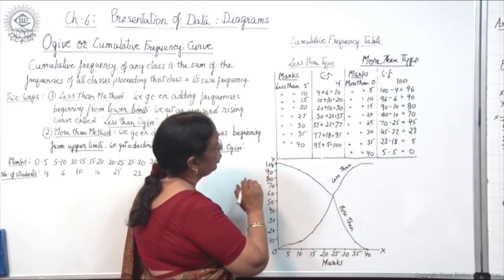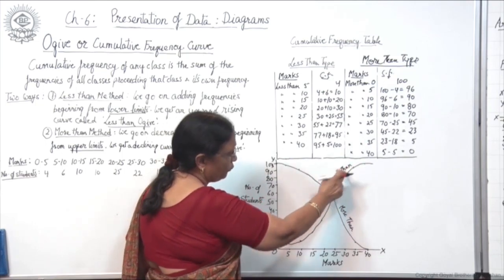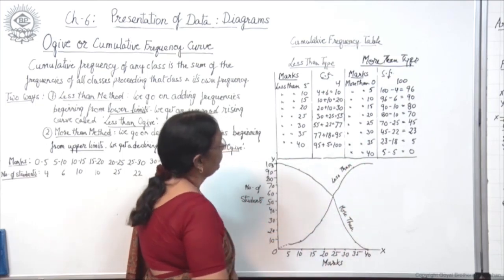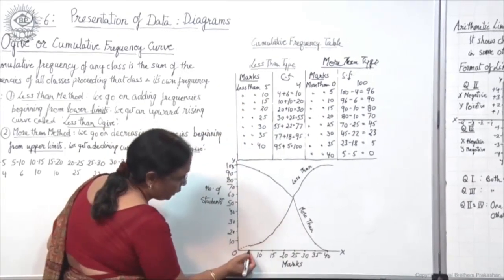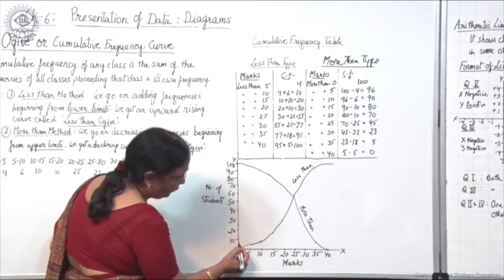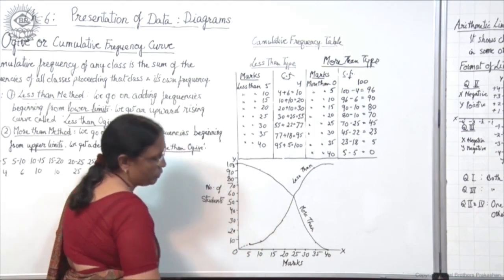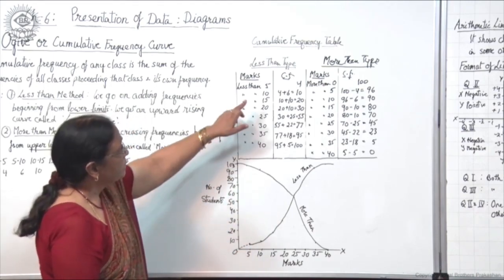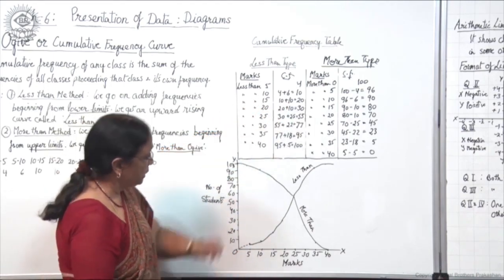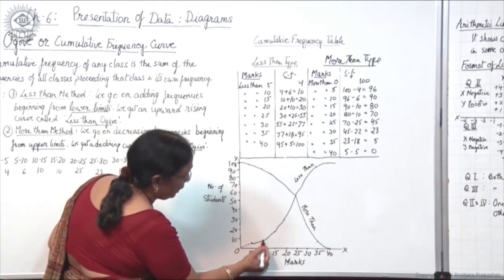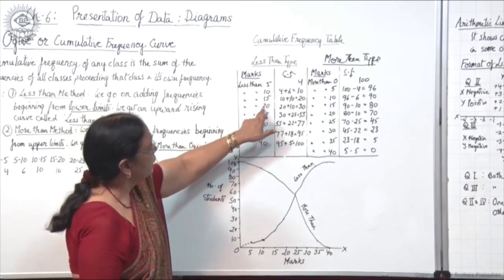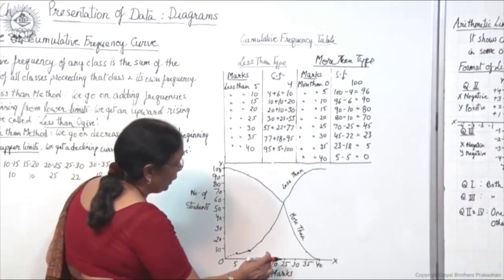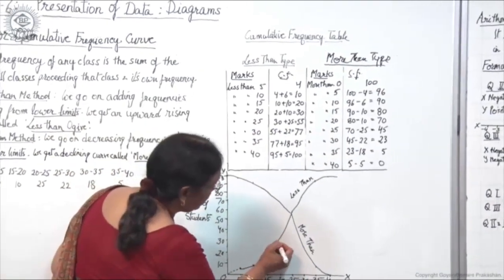Now, on the basis of this data, we will plot the points. I will tell you how to plot the points. First we will plot the points for the less than curve and then the more than. Now, less than 5 there are 4. So we will take the point here at 5, and less than 5 there are 4. So this is the first point. Less than 10, cumulative frequency is 10. So 10 and here the second point. Then less than 20 there are 30, and we will take the point 30.